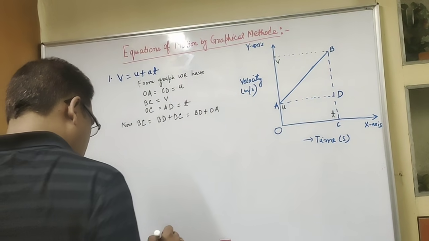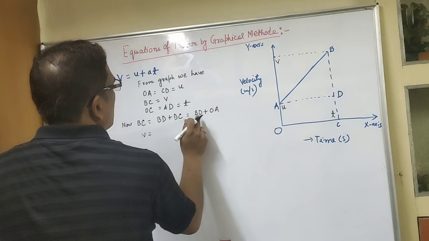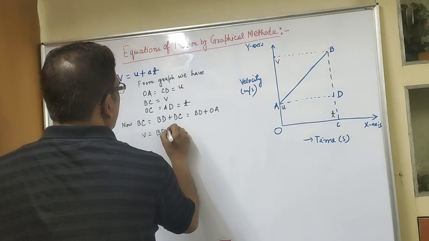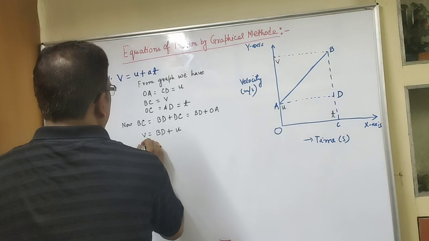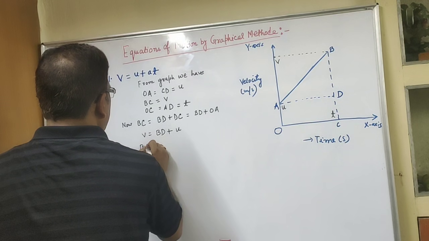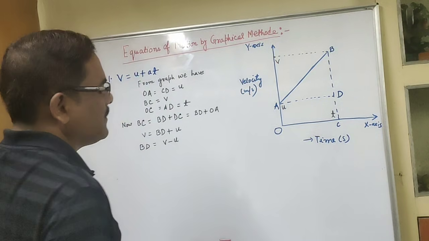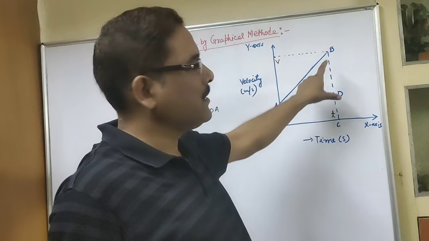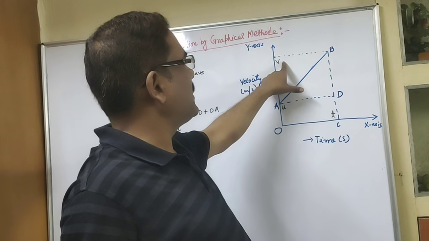Now BC represents v. BD, the value of BD is not known to us, and OA is how much? u. So BD can be written as v - u. It means this BD represents change in velocity. The initial velocity is u here, and after a time interval it becomes v.